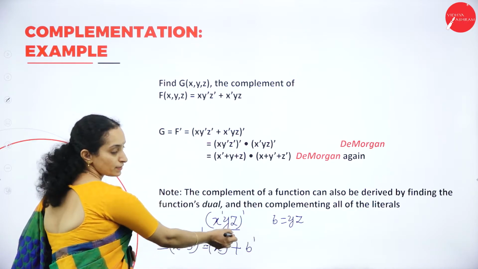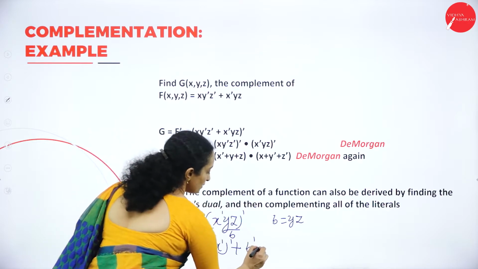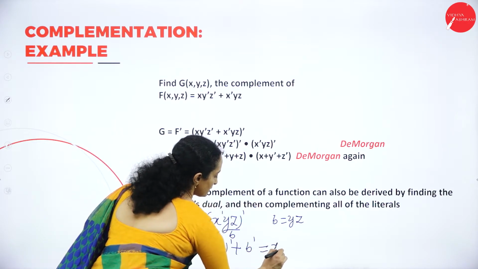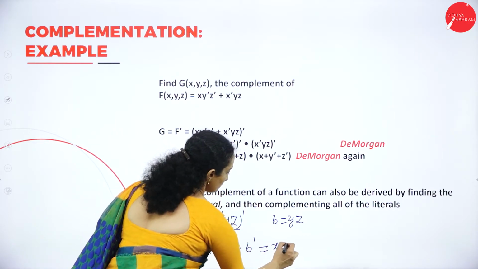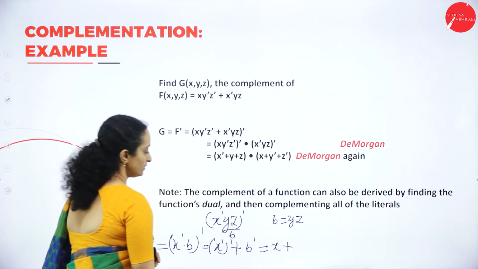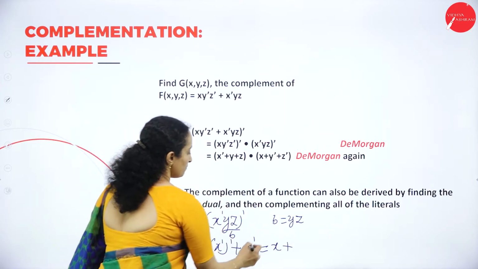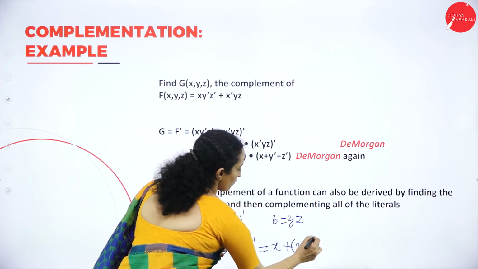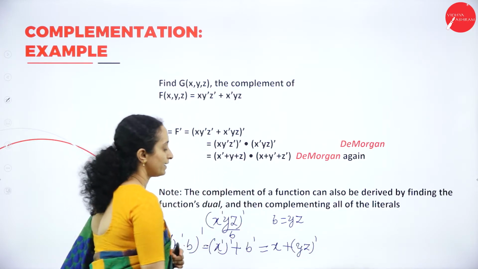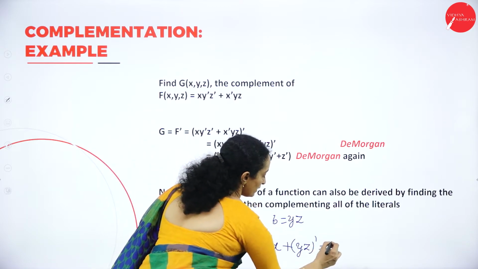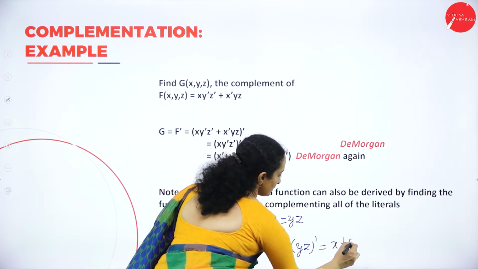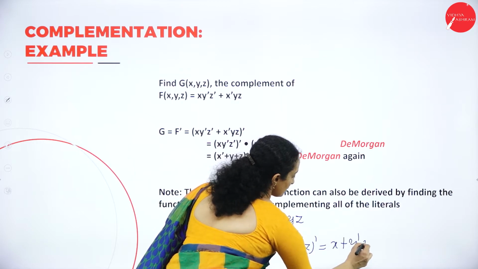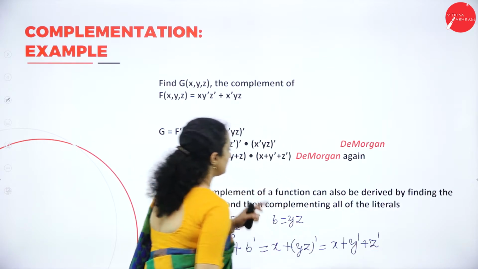Okay, the complement will be nullified. You will get x plus b dash, where b is y z whole dash. Again applying De Morgan's theorem, you will get x plus y dash plus z dash.